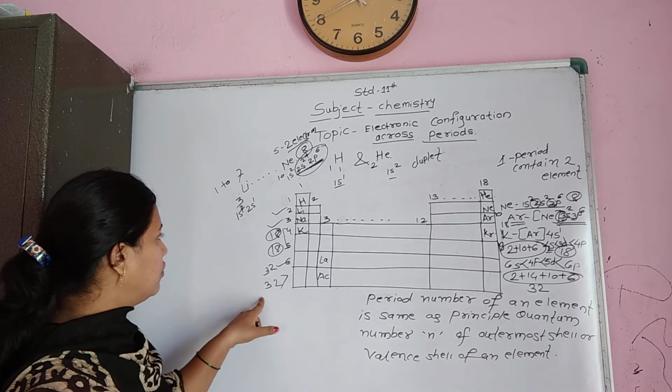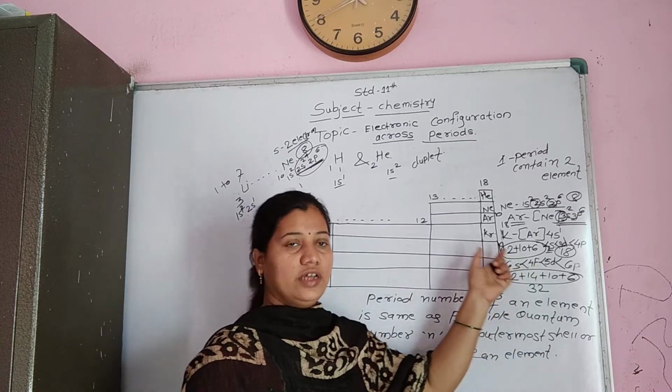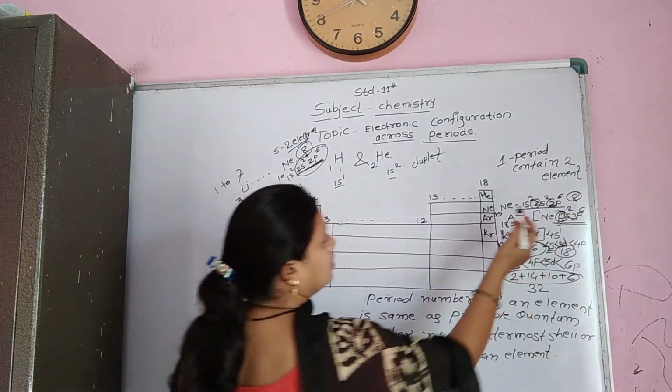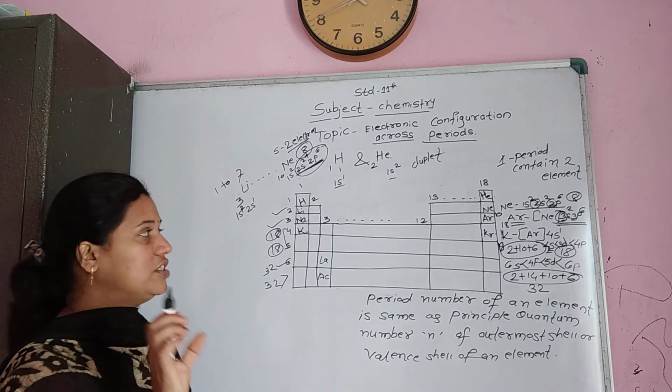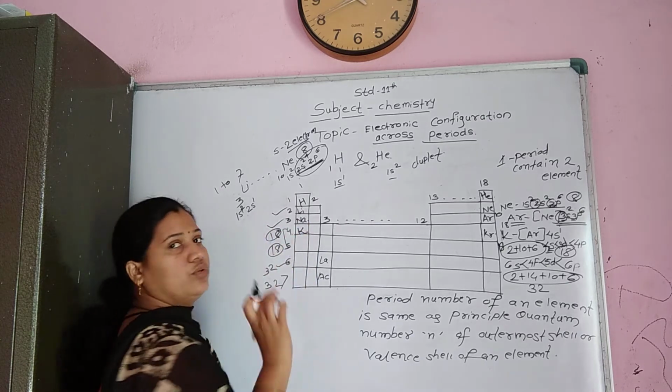And from which data do we observe this? From the electronic configuration of the particular element, and from the principal quantum number we understand the period number of each and every element. For sodium, how can we identify which period it is present in?